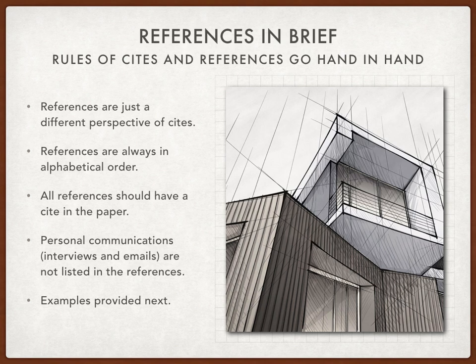Whichever one is earlier will be earlier in the references. Personal communications, those interviews and emails that I talked about on the last slide, are not listed in the references at all. So you will only find those in the in-text. You will not find them in the references.